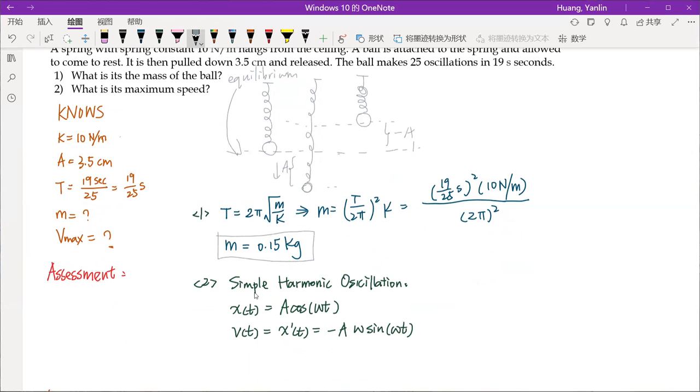We share the features of the position formula as x of t equal to A cosine omega t, and taking the derivative of the position, we get the velocity equation, which is v equal to negative A omega sine omega t.